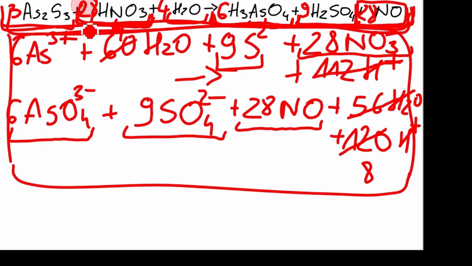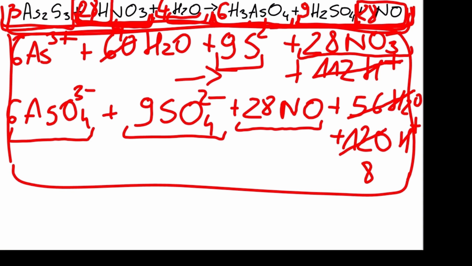We have 28 particles of nitric acid and we have 4 particles of water. So in total we have 36 hydrogen atoms. However, we have only 28 cations of hydrogen, which are derived from the nitric acid, because water particles do not dissociate in 100%.